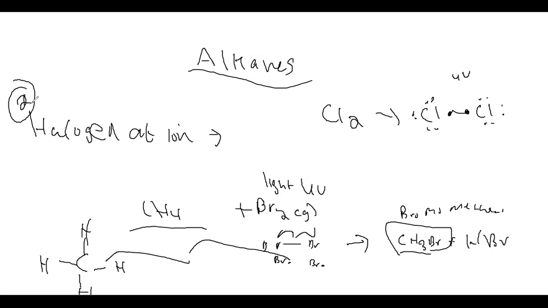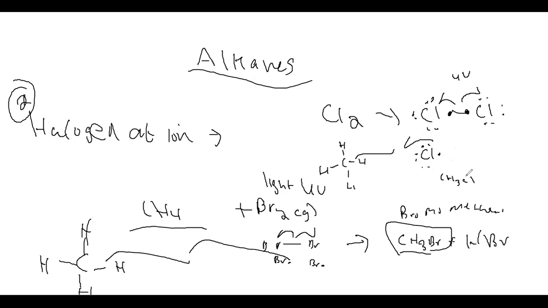In the presence of UV light, an electron goes here, one goes here, and we're going to have Cl with one unpaired electron, and then you have good old CH3. You're going to have something like this. Bam, bam.